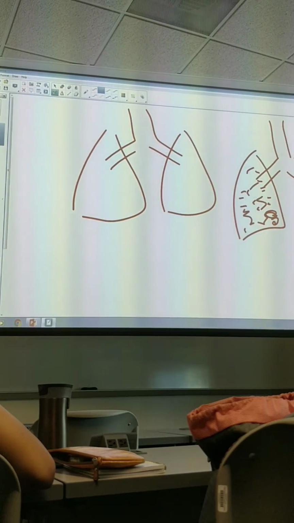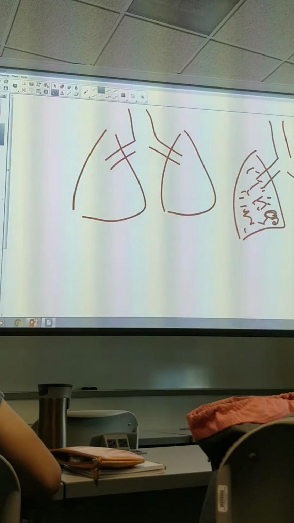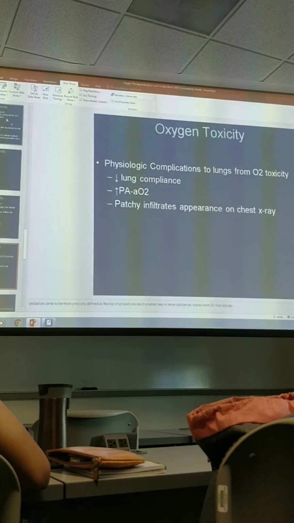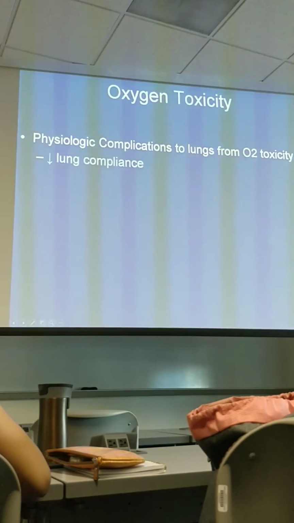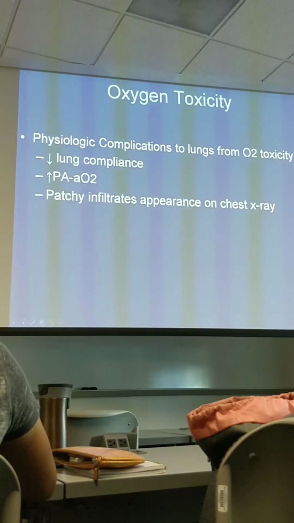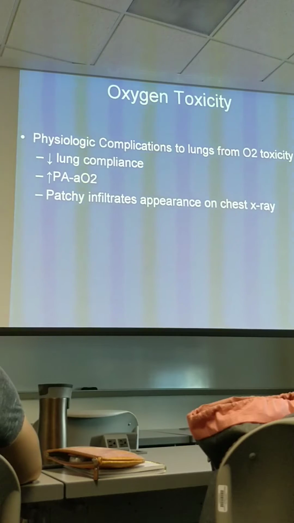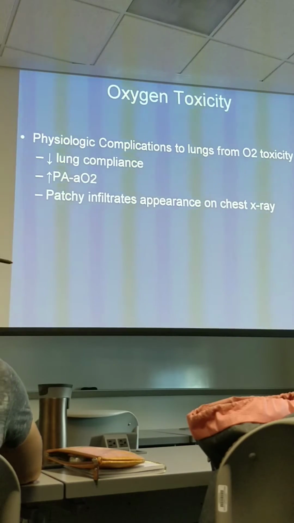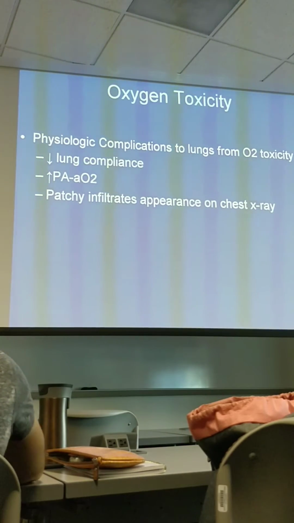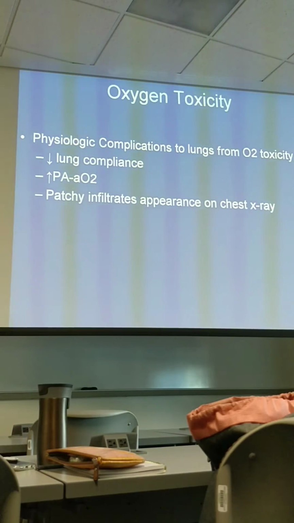Okay, so the findings would be a decrease in compliance, an increase in the difference between what's in the alveoli and what's in the artery, and you would also see patchy infiltrates on the X-ray. Infiltrates mean there's something in the alveoli other than air, okay? So on an X-ray, it's going to look white instead of clear with air.